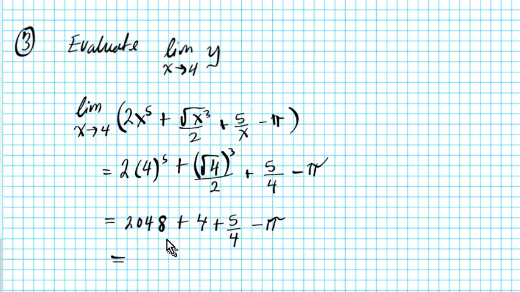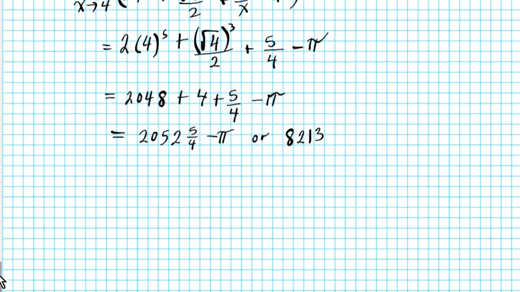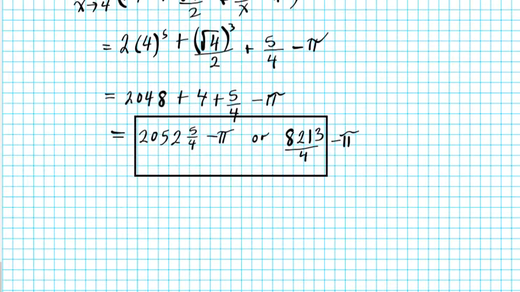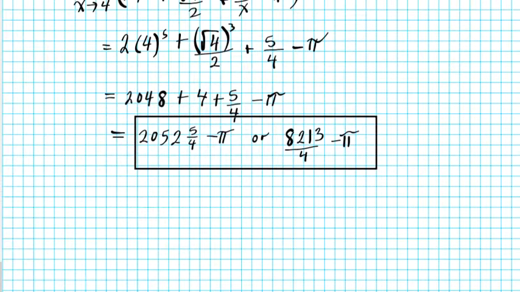When you combine these two numbers here, you get 2052 5/4 minus pi. If we want to write this as mixed numbers, multiply 2052 by 4 and add 5. It's going to be 8213 divided by 4 minus pi. Okay, so those are the two ways that you can write down the answer.